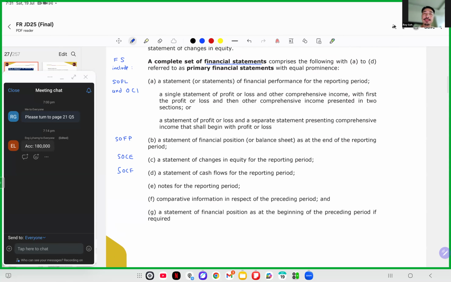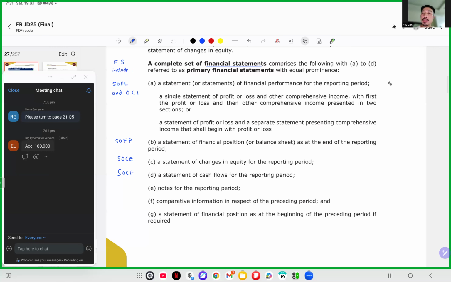Now this is a bit interesting because A, B, C are on accrual basis. You apply the matching principle, you apply the accrual basis. I recognize income when earned, not when cash is received. I recognize expenses when incurred, not when cash is paid.